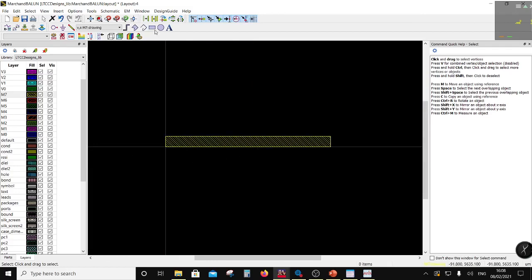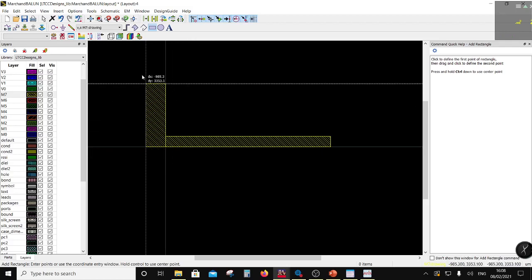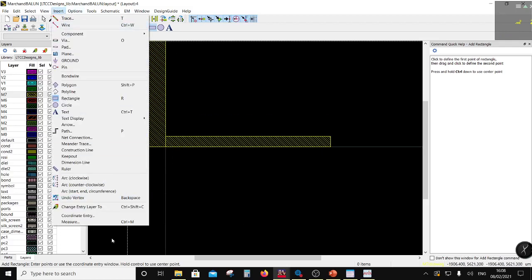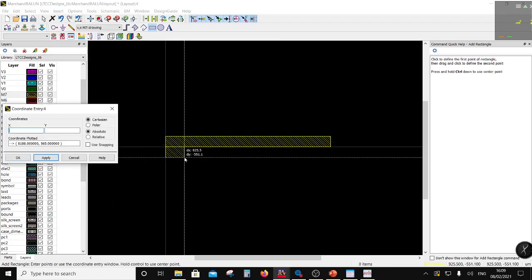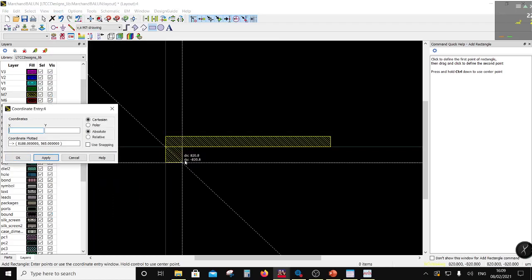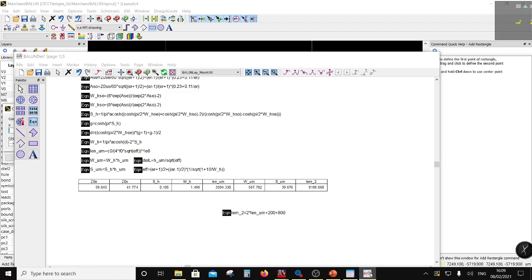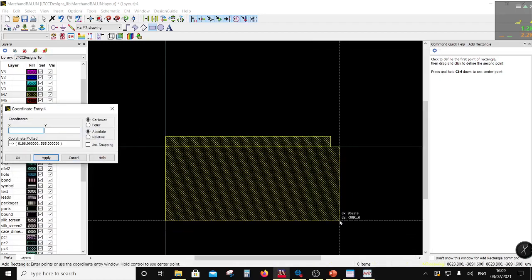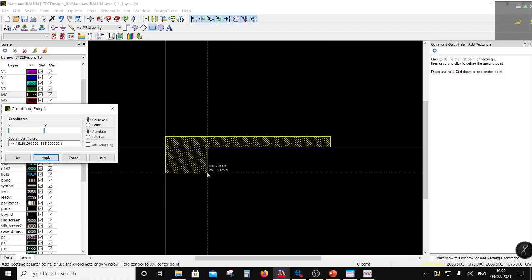And then I need another line, which is going to be insert coordinate entry. Okay, let's say 3594.